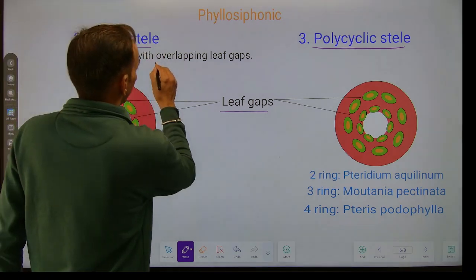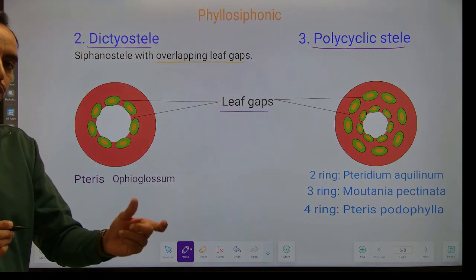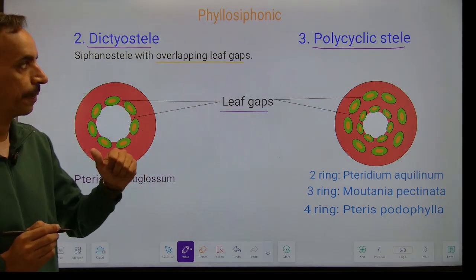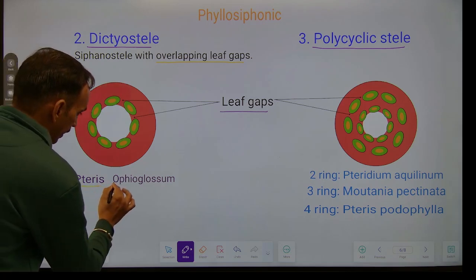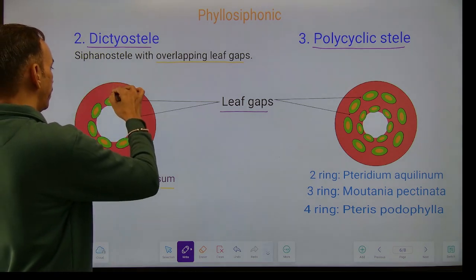So there is a presence of overlapping leaf gaps which differentiate the dictyostele from the solenostele. Now this type of dictyostele it is found in case of Pteris as well as in case of Ophioglossum. Here there is a presence of meristeles.